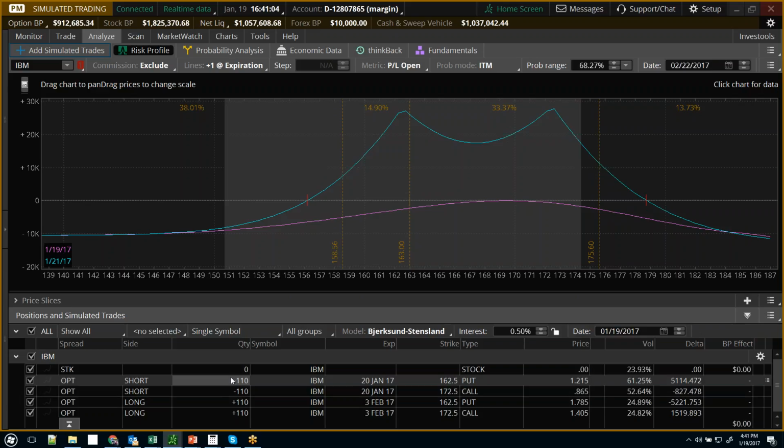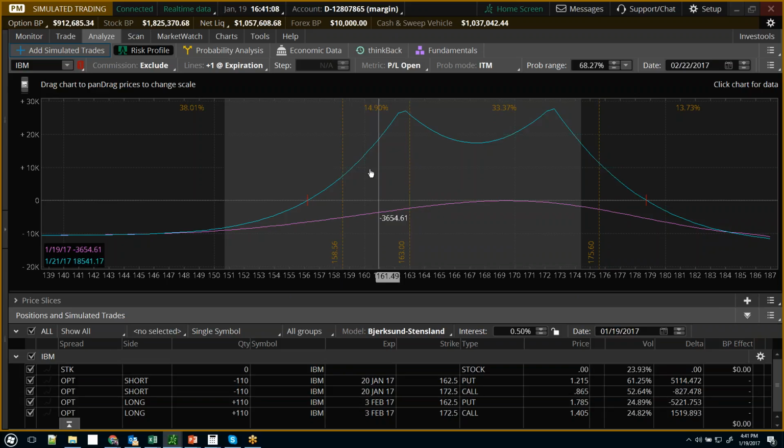Overall, what was the risk? The risk would have been if IBM had gapped way out and gone well past the strikes we're using, down to, say, 158.56 or below. That was about where our break-even point was. Beyond that, we would start losing against our capital.